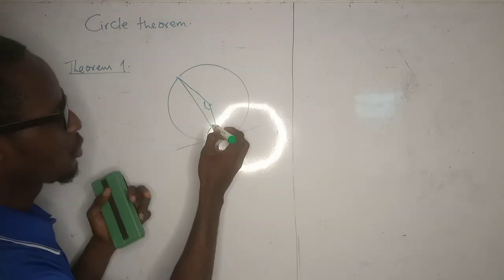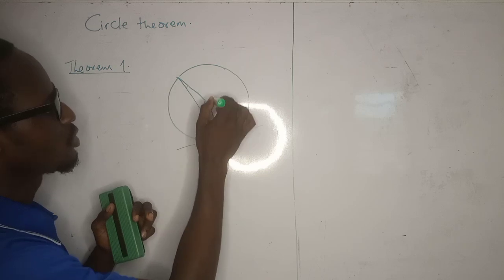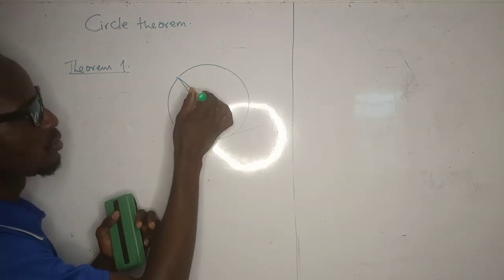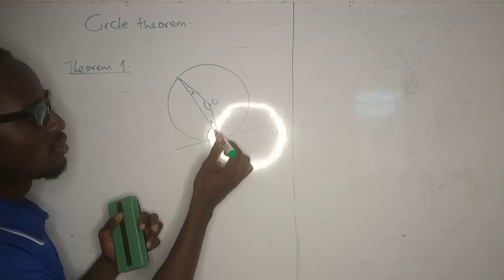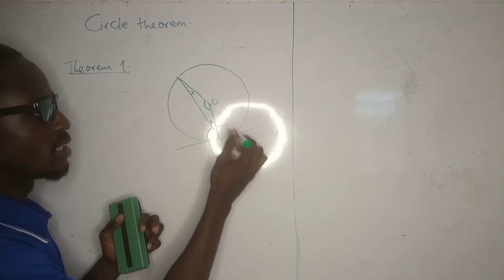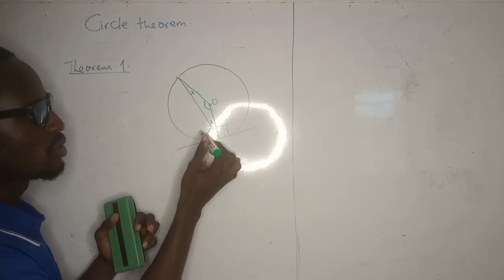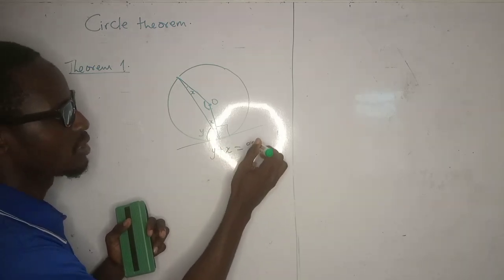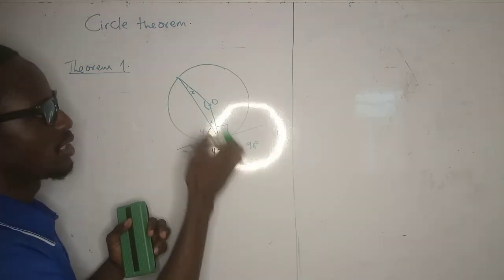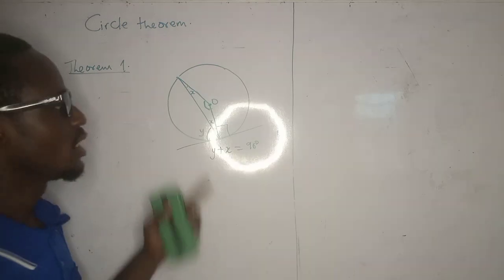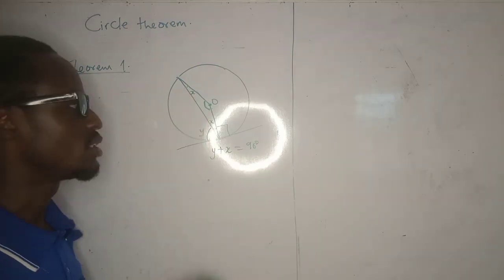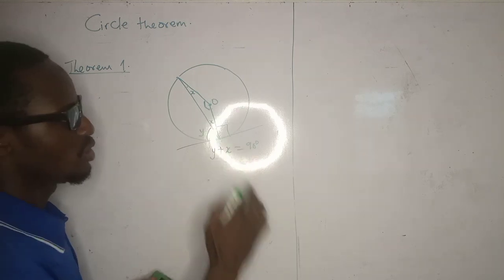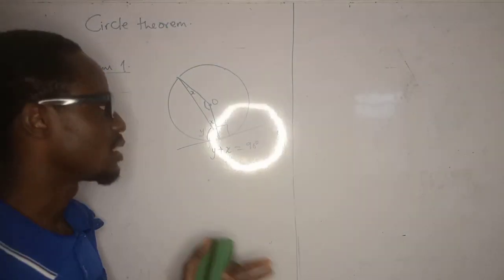This shows you have an isosceles triangle. This is center O. So the angle here, x, would be equal to the one here. Knowing that here is 90, if I put this as y, I would say y plus x equals 90 degrees. And at the same time x equals x because the triangle is an isosceles triangle, and the radius here is equal to the radius here. That proves it is an isosceles triangle.